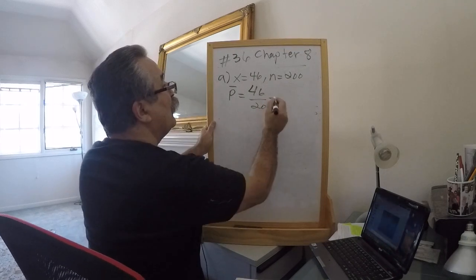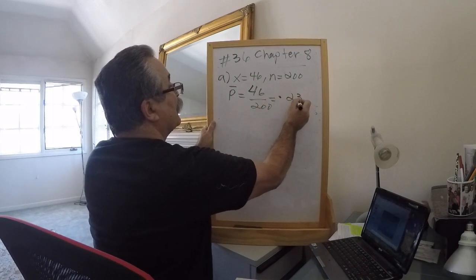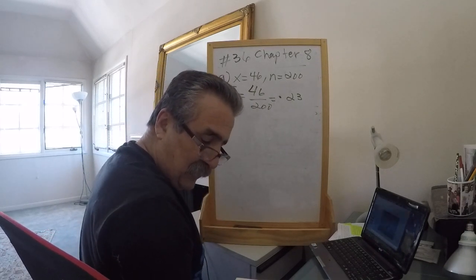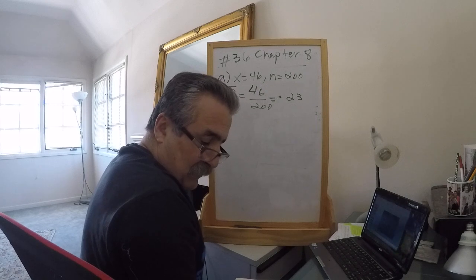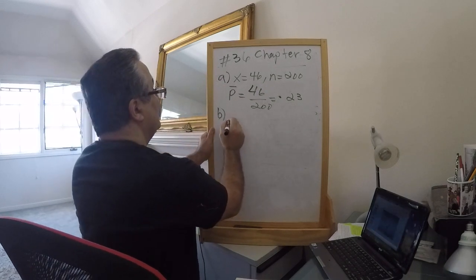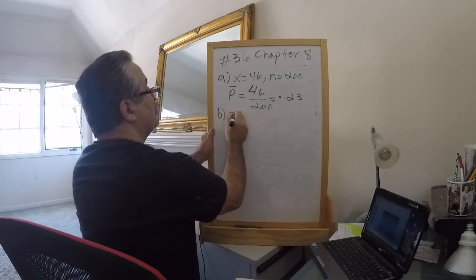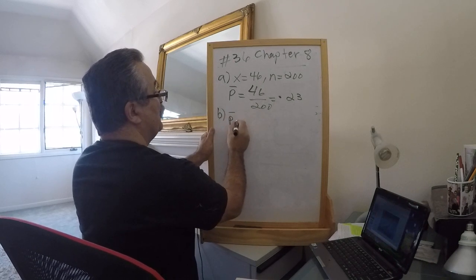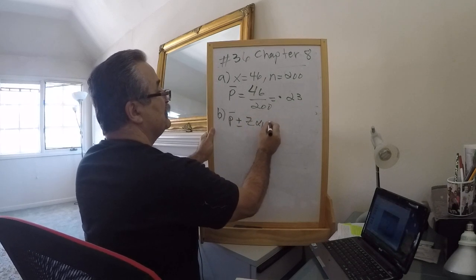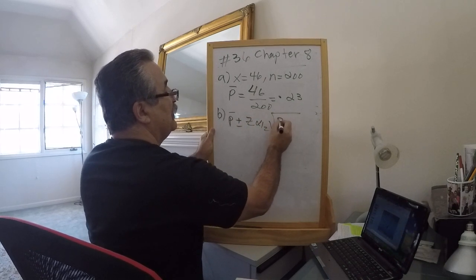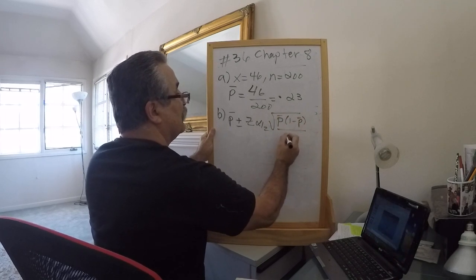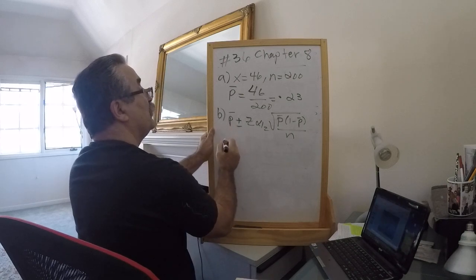That is equal to 0.23. Part B. Develop a 95% confidence interval for the population proportion. So lowercase p bar plus or minus z sub alpha over 2 times the square root of p bar times 1 minus p bar divided by n. P bar is 0.23.